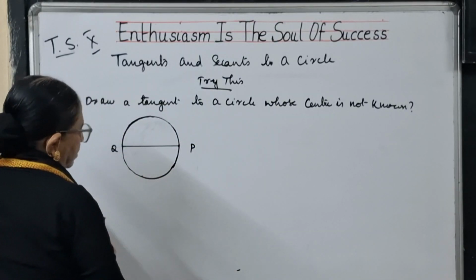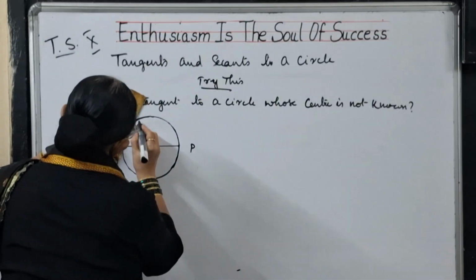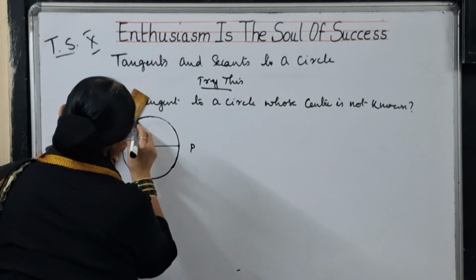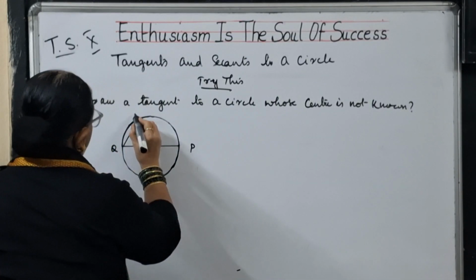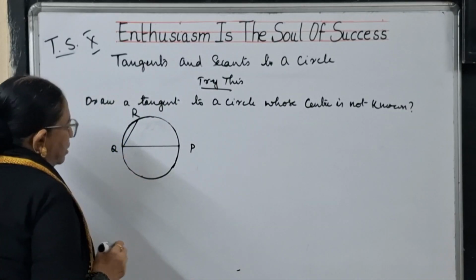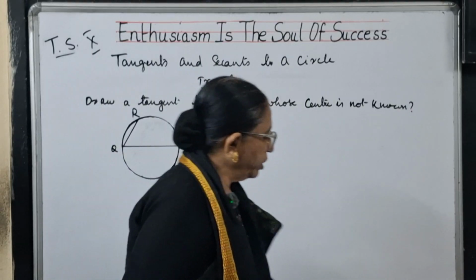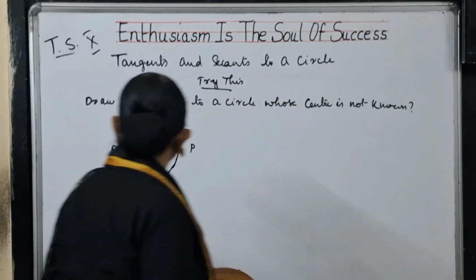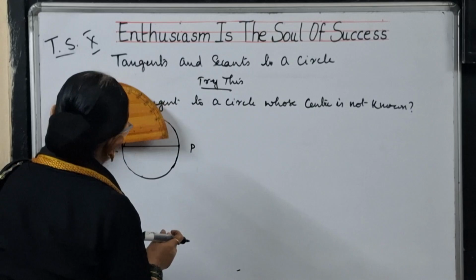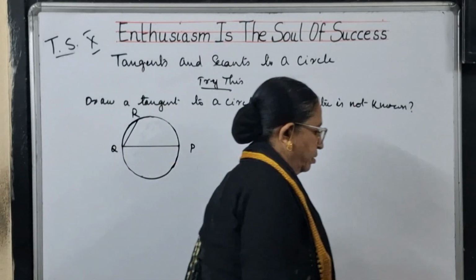PQ is a secant. And from here, you draw R, PQR. Then you have to measure this angle PQR. What is this measure? You need to measure it.